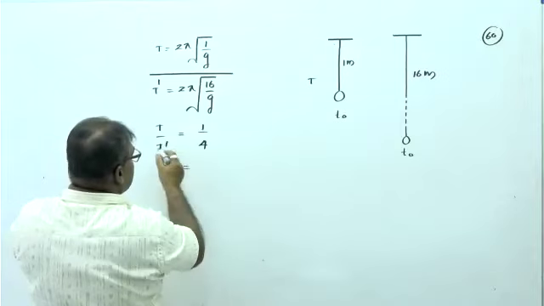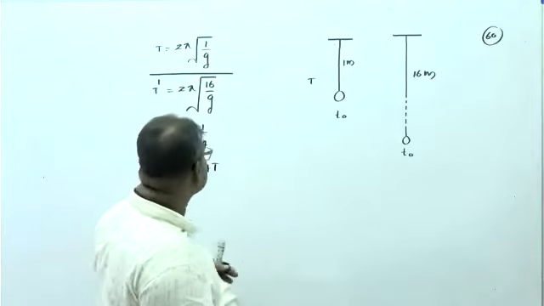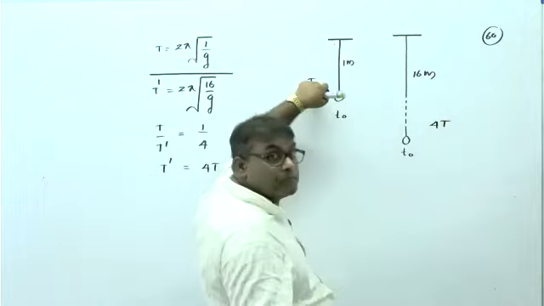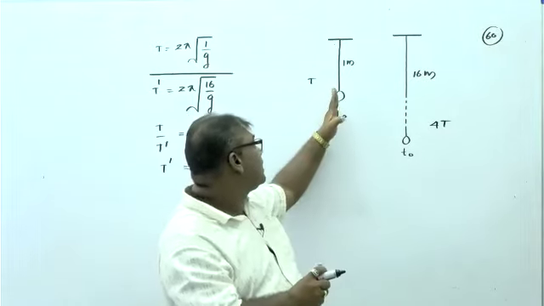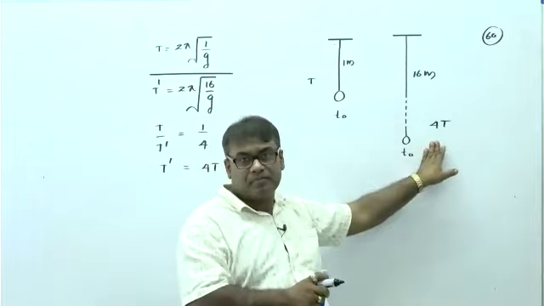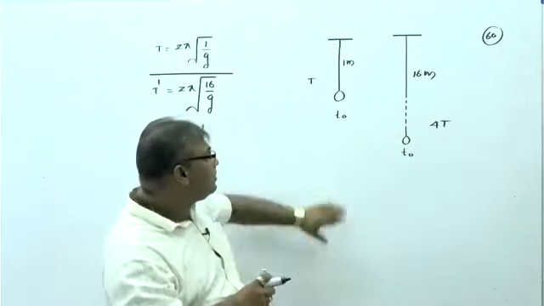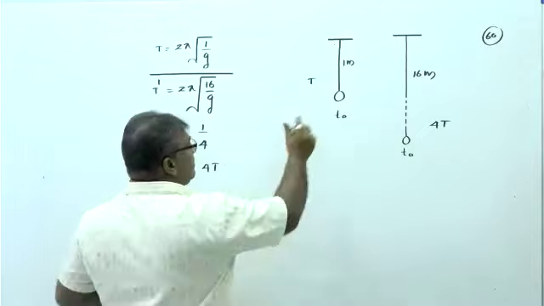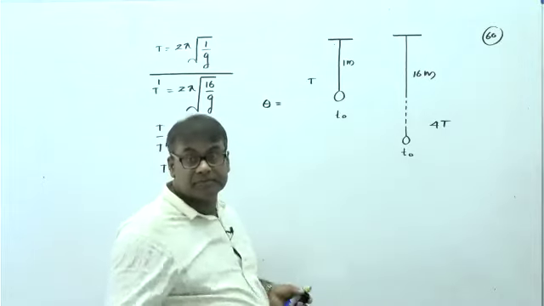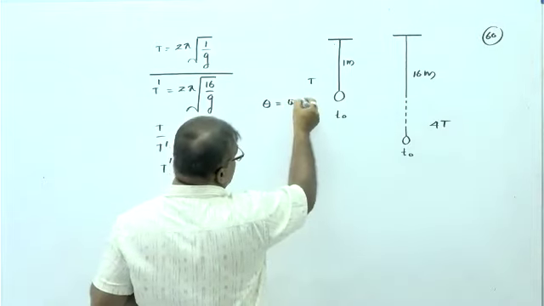Then T dash is 4T. If this one is the periodic time T, this one is 4T. For example, if this is 1 second, this is 4 seconds. In any situation, the phase is written as theta. Phase angle, phase of vibration is theta. Theta should be equal to omega t, right?